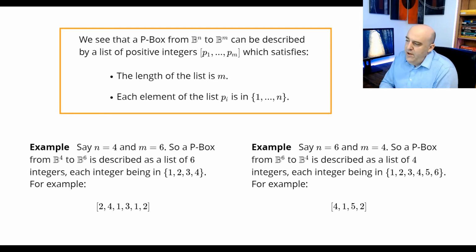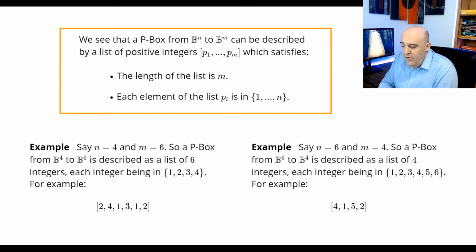So in general, a P-box from Bn to Bm can be described as a list of positive integers, p1 up to pm. The length of the list has to be m, which is the number of output bits. And each integer in the list is a positive integer lying between 1 and n, n being the number of input bits. So just to see some examples of that, let's say we take n to be 4 and m to be 6. So a P-box from B4 to B6, how would that look?